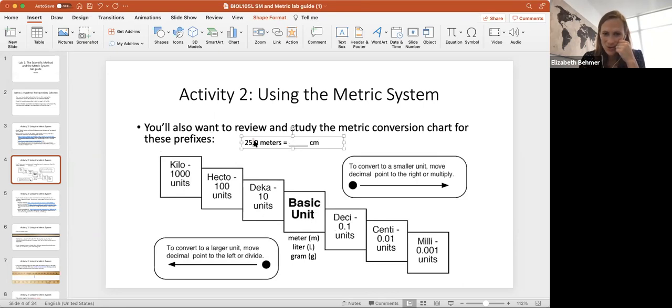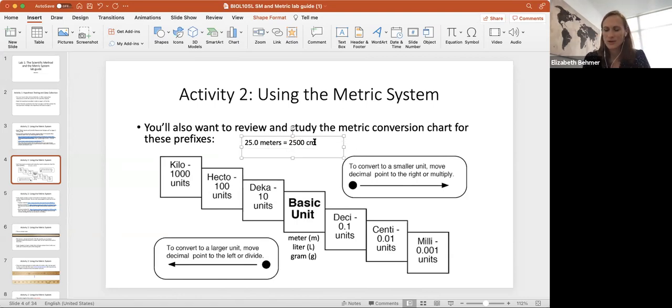Good. So we're moving 1, 2, and if we move it over 1 point, that's 250. If we move the decimal point over 1 more, we just have to add another 0 as a placeholder, and we get 2,500. And so 25 meters is equal to 2,500 centimeters.